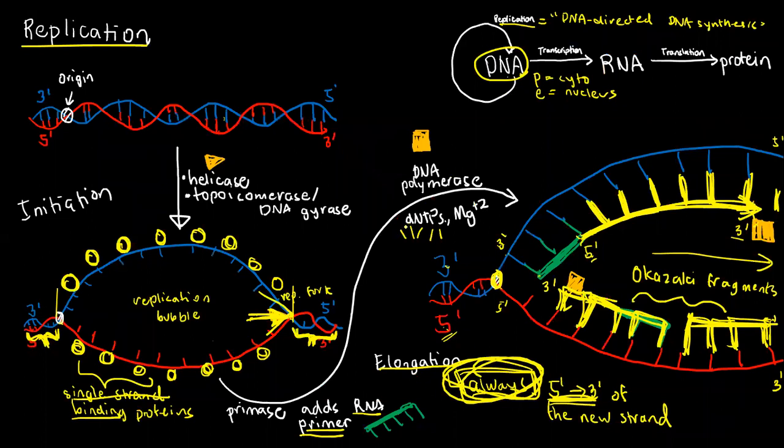So supposedly, everything we're putting here are deoxynucleotides. But look, a while ago I told you, and it's written here, that the primer is made up of RNA. So technically speaking, although the primer is important to kick off the elongation process, it's RNA at the end of the day. It's not DNA. So that has to go away later on.